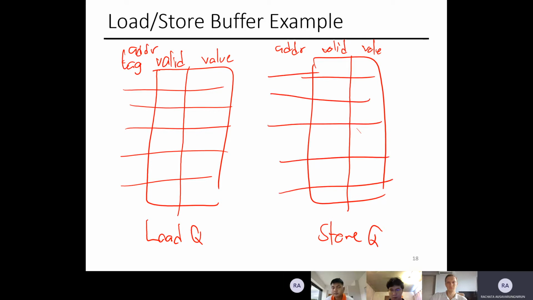So let's say that you have a write to address 0xa0, the value is 10, and that's a store and it's valid. And then you are trying to load address 0xb0, well, definitely not valid. You're trying to load it. And then let's say there's a future load to 0xa0. What do you do here?